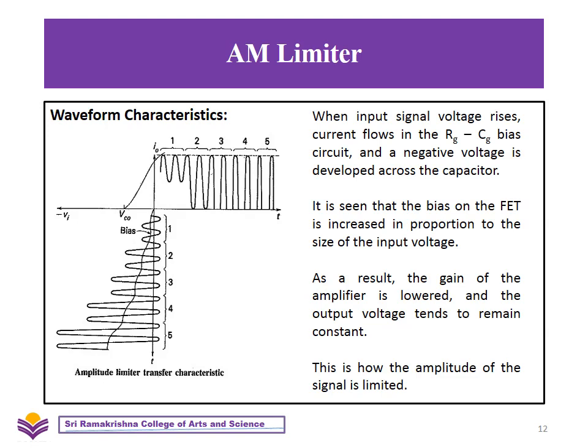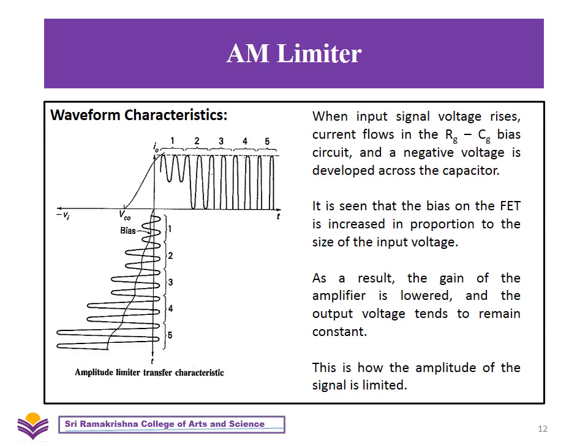The input will have different amplitude variations at the output. After the limiter circuit, the output obtained at the end of the limiter circuit is shown at the top of the waveform.